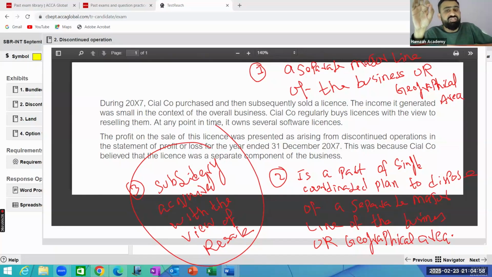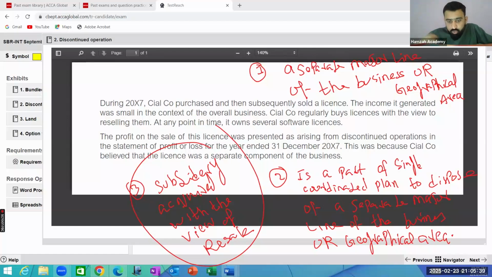And that component is representing a separate major line of a business or geographical area, or is a part of a single coordinated plan to dispose of a separate major product line or a geographical area, or it is a subsidiary acquired with the view of resale. If the license is a component and that component comes under one of these three criteria, then you can say the license is a discontinued operation. Otherwise, the license is not a discontinued operation.